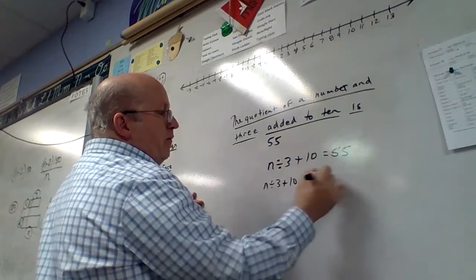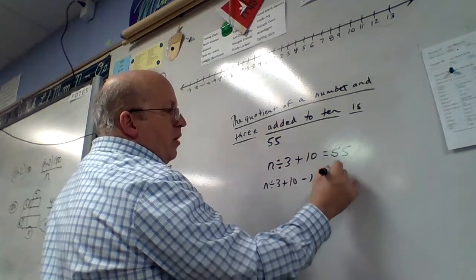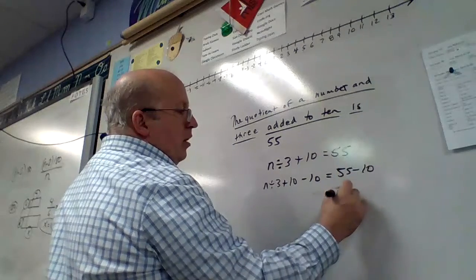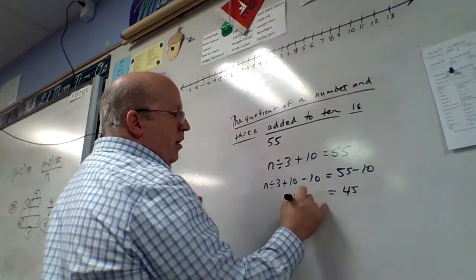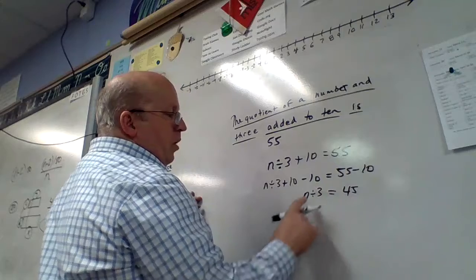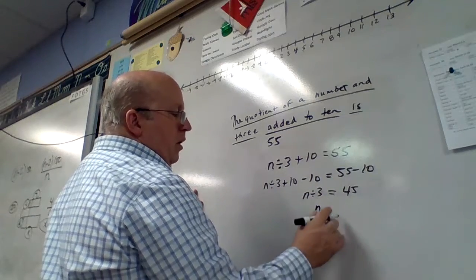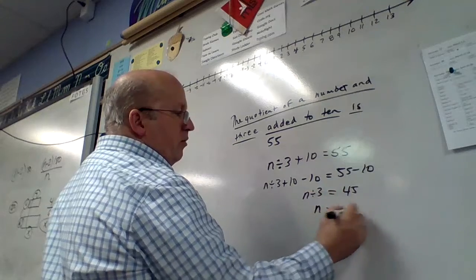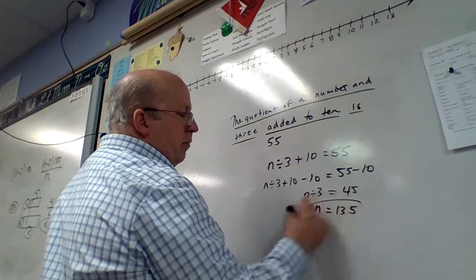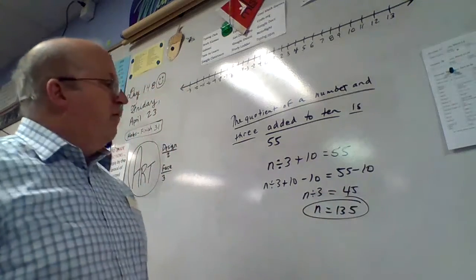Which one do I get rid of first? I'm going to subtract the 10 first. That gives me 45 on the left side and n divided by 3 here. What's the opposite of dividing by 3? Multiplying by 3. And when I multiply both sides of the equation by 3, I end up with an n value of 135.